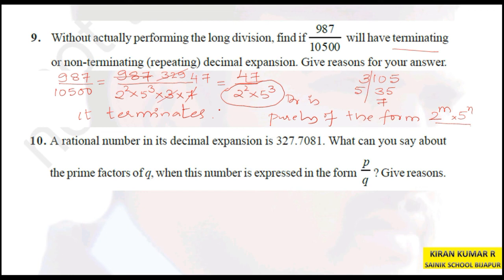Look at question number 10. A rational number in its decimal expansion is 327.7081. What can you say about the prime factor of q when this number is expressed in p by q form?